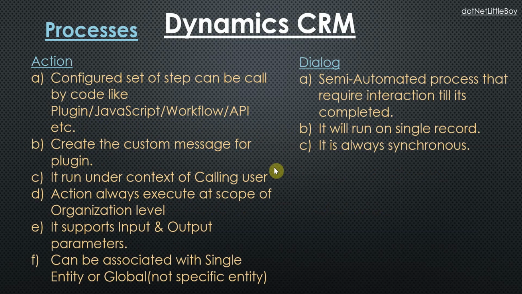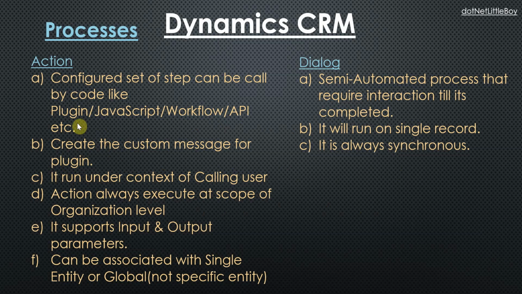Now let's go to another point, action and dialogue. Action is another powerful process in Dynamics, and in an action you usually configure certain stages and steps, and you can call custom logic or custom code, like a plugin, JavaScript, workflow or API, from here.